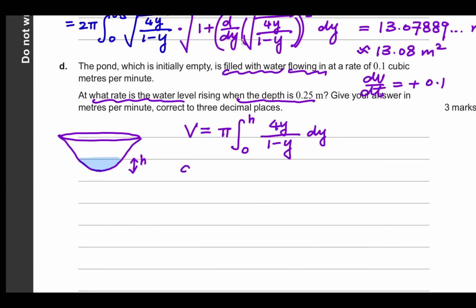And then you get dV/dh. What dV/dh does is getting rid of this integral. But the process is once you antiderive this function, you sub in h, sub in 0. So the expression of V is in terms of h. Then you differentiate. You can cancel this bit, write h and h here, okay? So pi times 4h divided by 1 minus h.